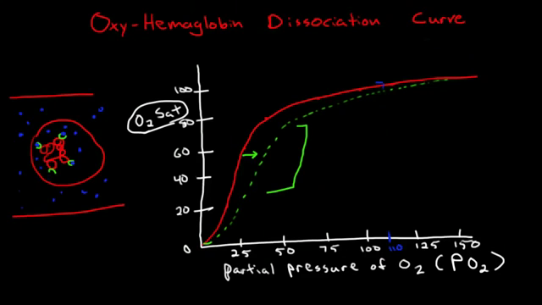Okay, so what does it mean when we are shifting the curve to the right? That means there are conditions in the body that are causing oxygen and hemoglobin to have looser binding. Okay, so a right shift is loose binding. So basically what we have here, you can picture it, and it's probably not very far from this in reality.